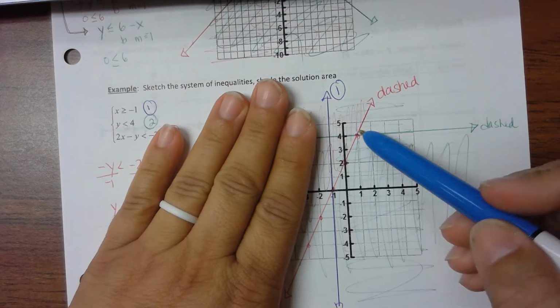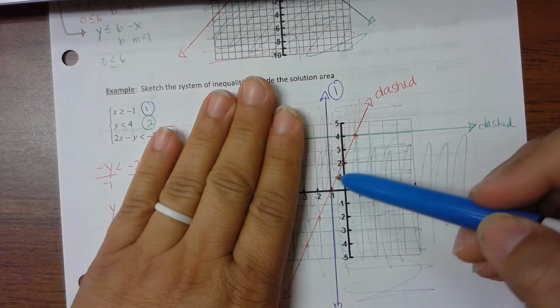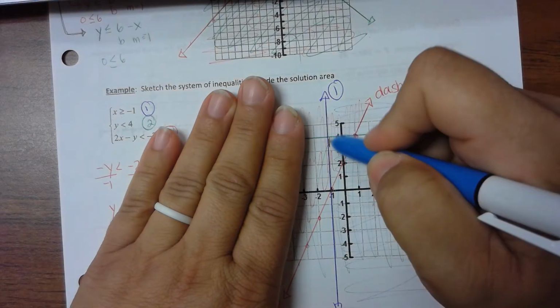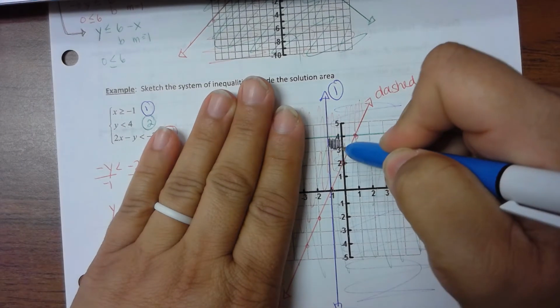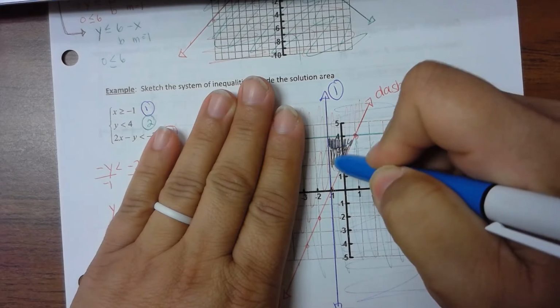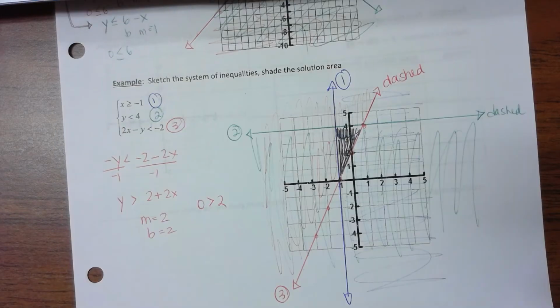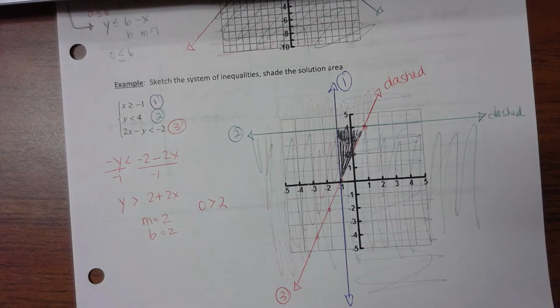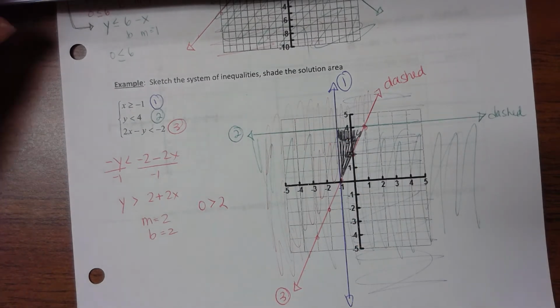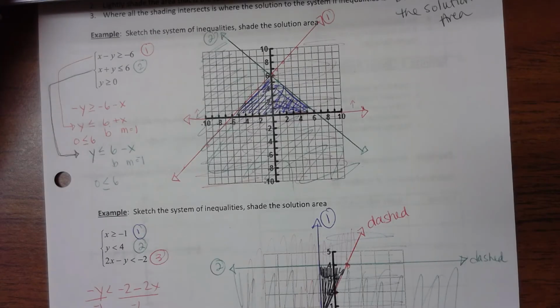Then I put my diagonal line in here, and my red is in this area that includes both the green and the blue. So that little triangle, that little sliver, is the solution for that system of equations. So make sure you darken that so that we can tell that that's the solution area.